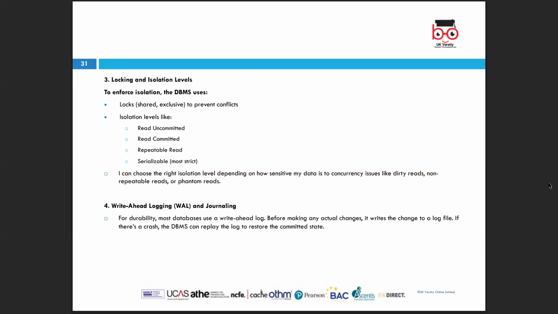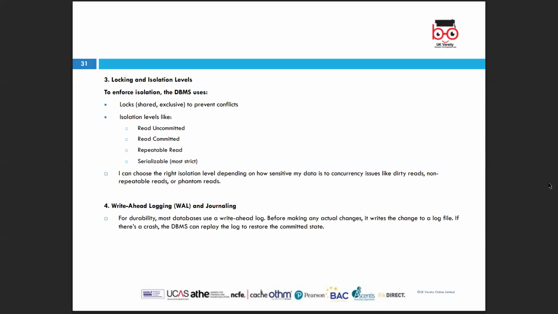To ensure isolation, our DBMS uses locks and isolation levels like read uncommitted, read committed, repeatable read, and serializable. We can choose the right isolation level depending on how sensitive our data is to concurrency issues like dirty reads, non-repeatable reads, or phantom reads.